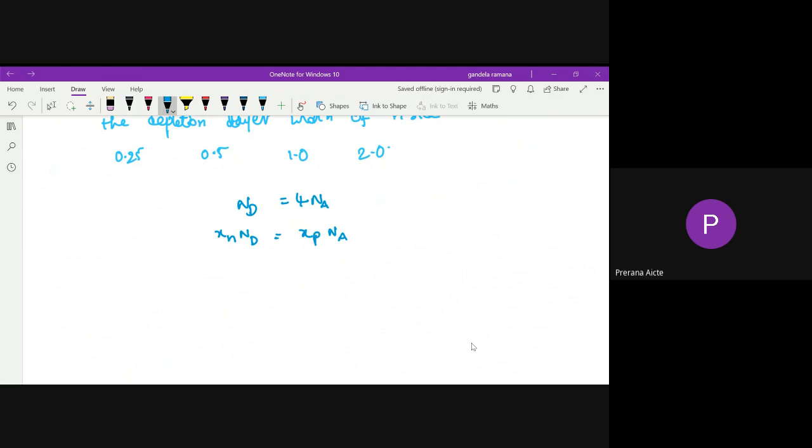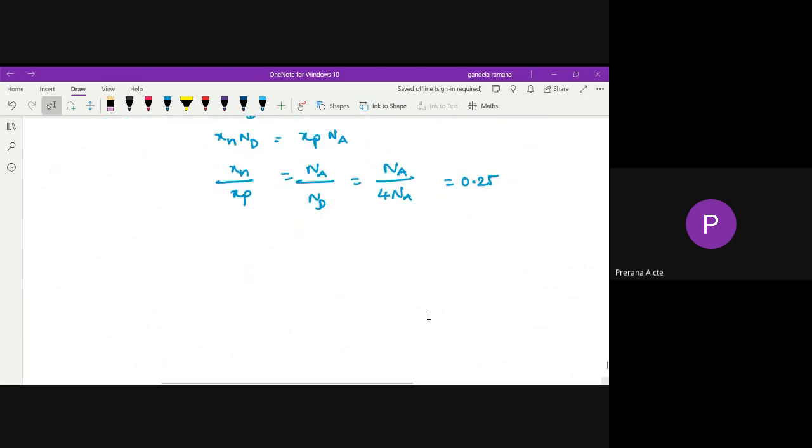So the layer width of the N side versus the P side is Xn by Xp, which is Na by Nd. We know Na, and Nd is 4 Na, so the value is 0.25. So this is the answer, and it will be asked for 2 marks.